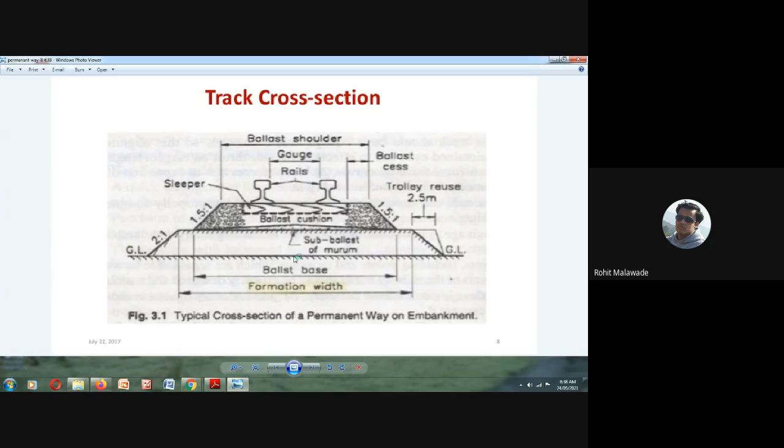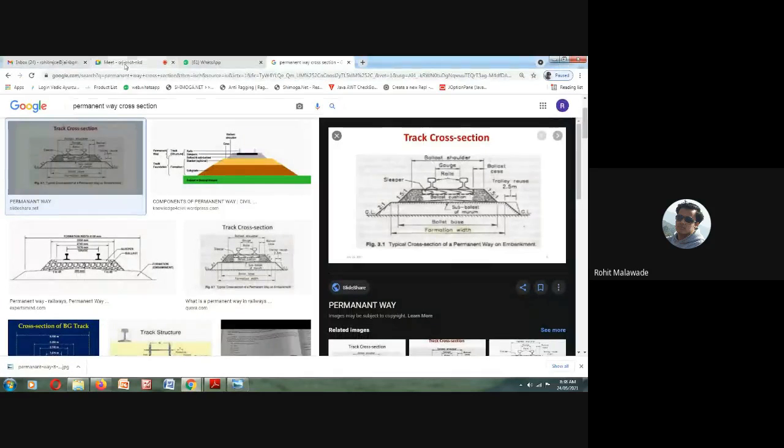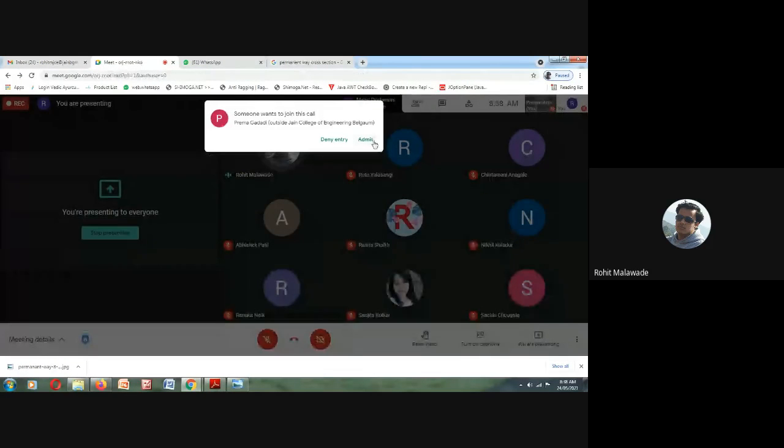This is your subgrade, and we also call it a formation. Then you are going to have the ballast, sleeper, then your rails. On this your train will be moving. So these are the different elements of a permanent way.